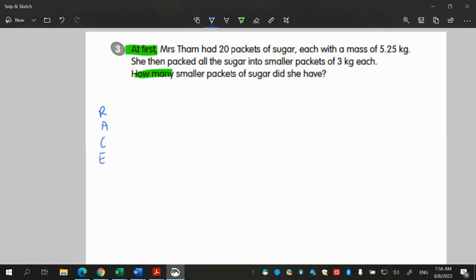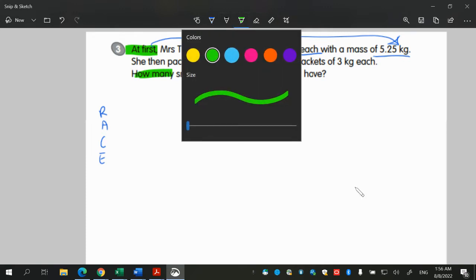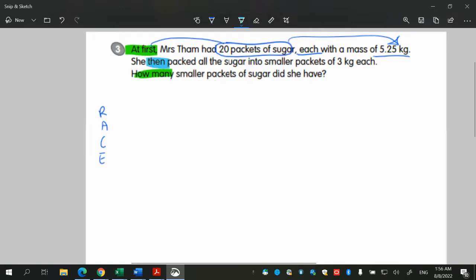So 20 packets of sugar, that's what's happening at first. And each packet is a mass of 5.25 kilograms. The part about 'then' shows there's an action, a packing action. She packed all of the sugar into smaller packets.